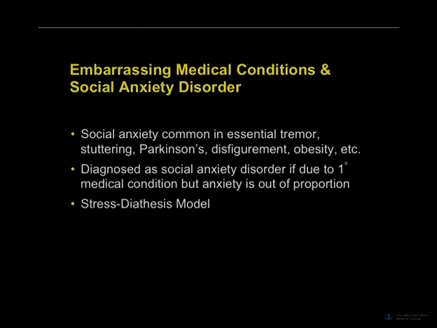So the idea is you have some diathesis that might, for some people, make them more or less prone to social anxiety, and then certain stressors, whether it be developing a tremor or getting a new job where you've now got to speak to thousands of people, can bring you across the threshold where it becomes impairing and distressing.